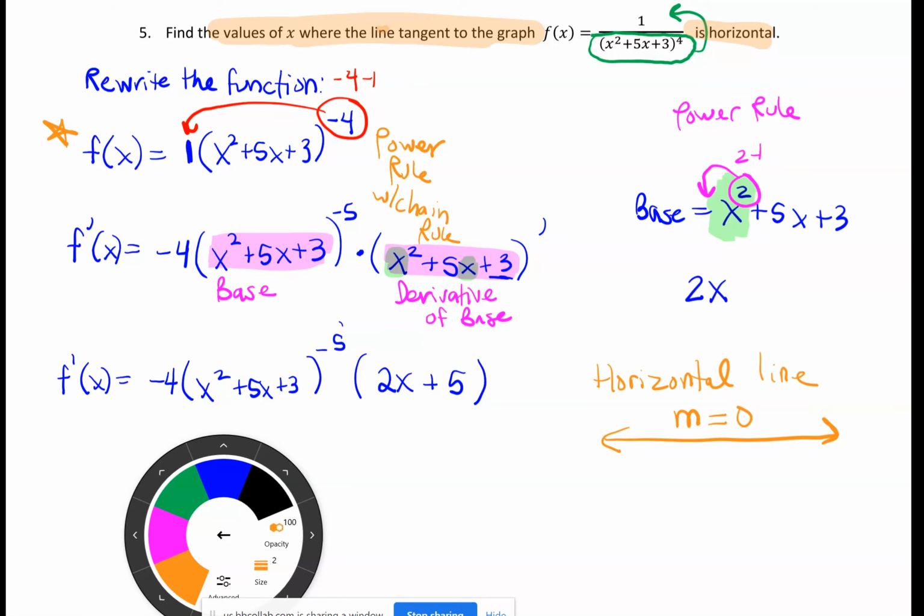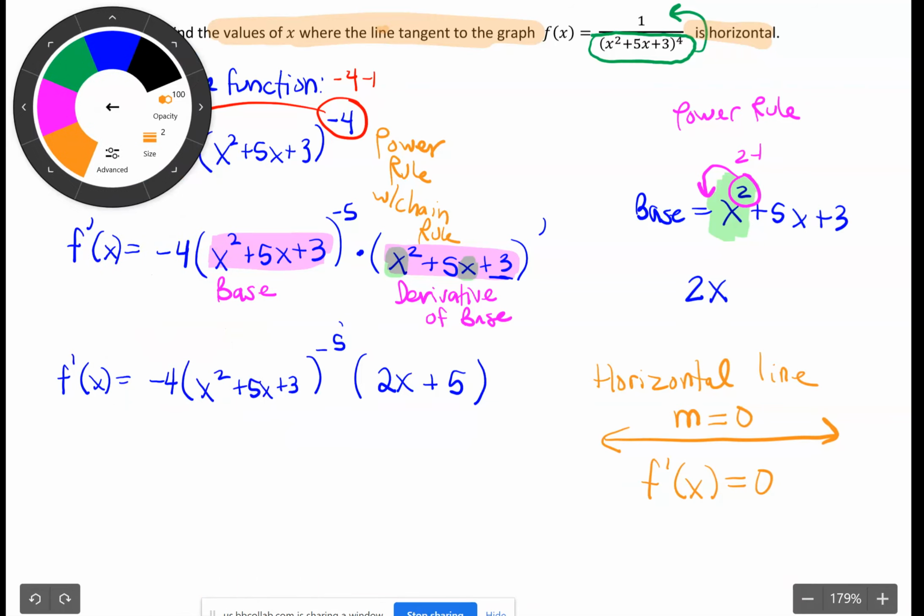And the derivative is describing the slope of the tangent line, right? So if they're asking where the tangent line is horizontal, they want to know where the derivative equals 0. So basically what I need to ask myself is, what would I input into this function so that when I plug in that input everywhere and do this calculation, the calculation comes out to be 0?